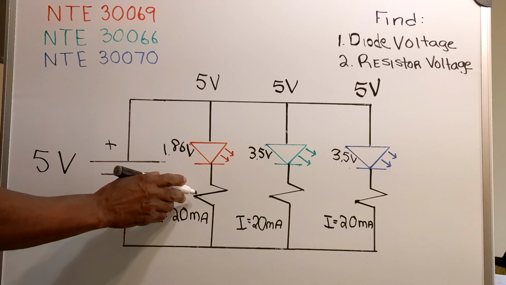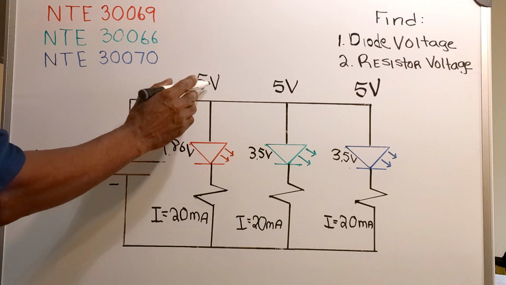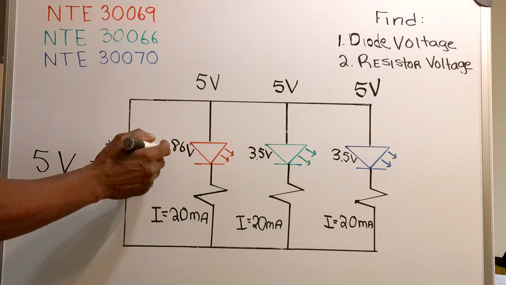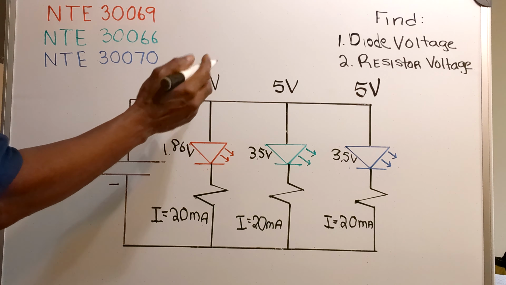The voltage across the resistor can be found by subtracting the 1.86 volts from this diode from 5 volts.